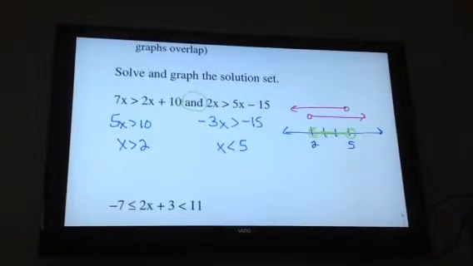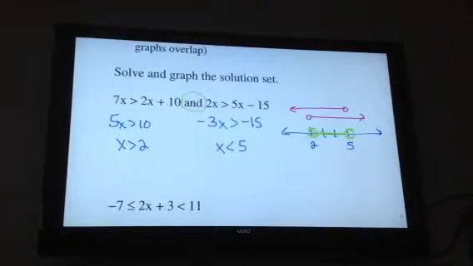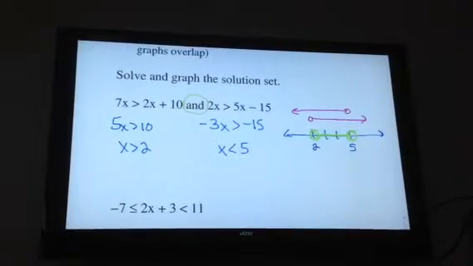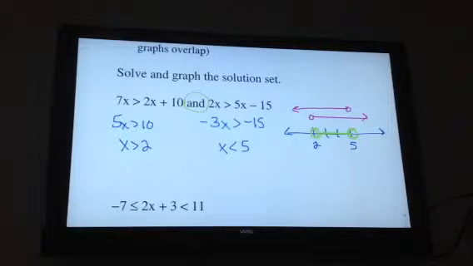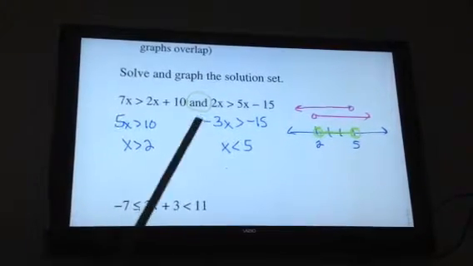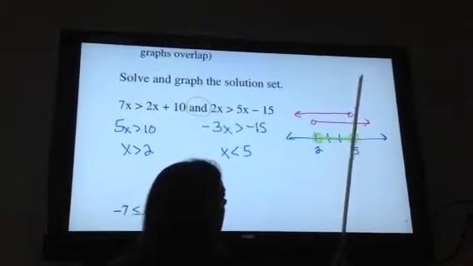So my final graph looks like that. The two separate graphs overlap and have in common the numbers between 2 and 5, but do not have the actual 2 and 5 because they're open circles. Okay? So when you're doing an and, that's what you're looking for. Where do these graphs overlap each other?